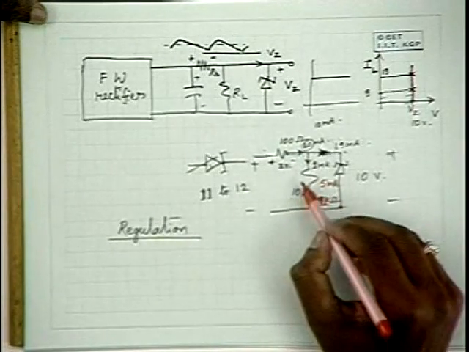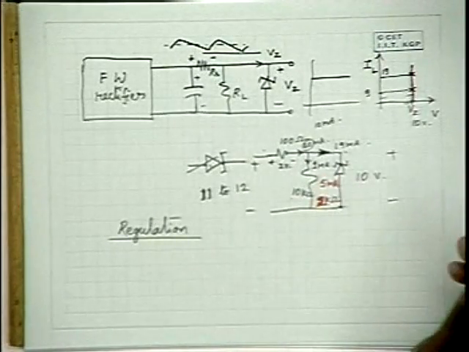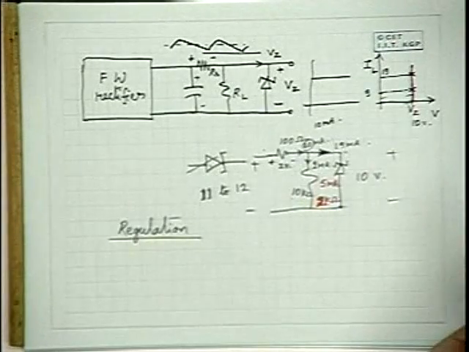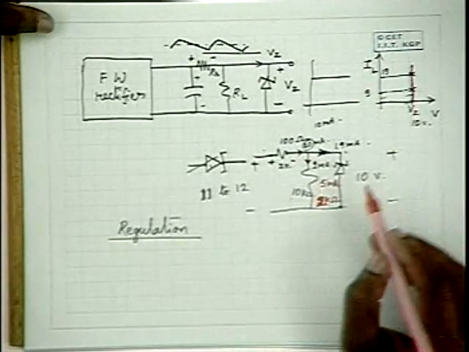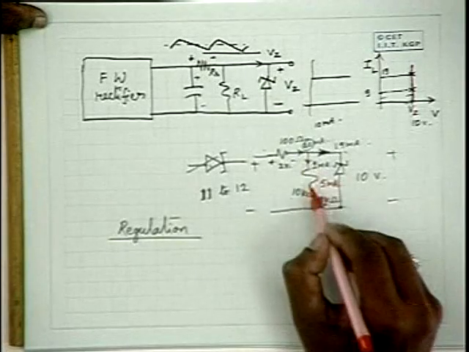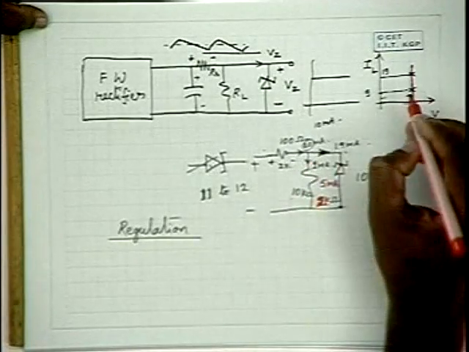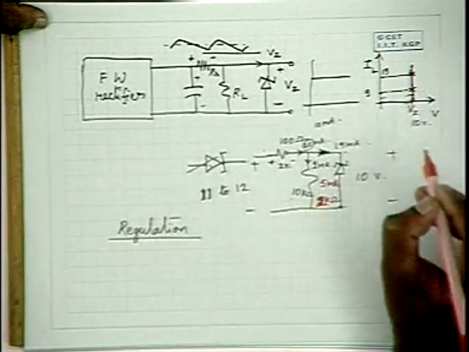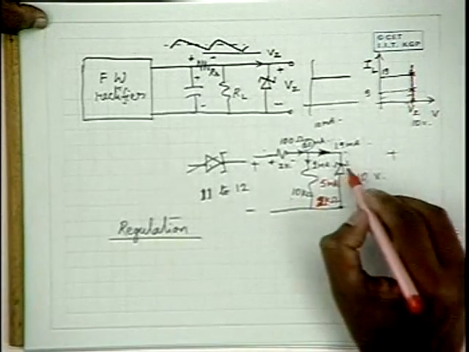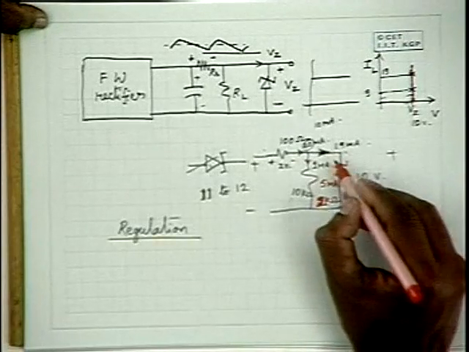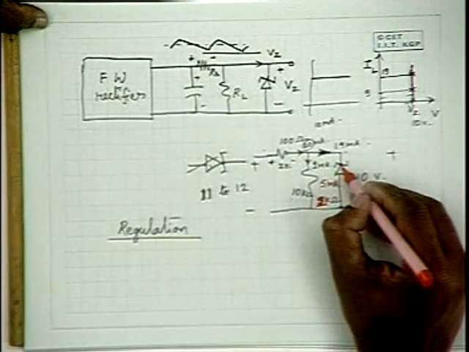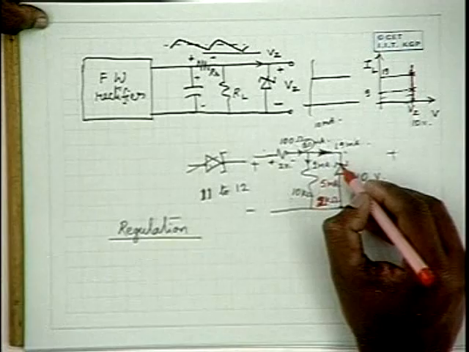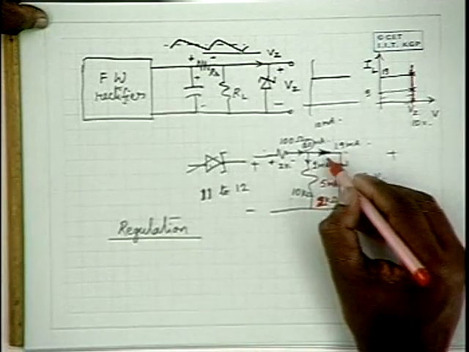Therefore, this percentage regulation is not effective for any load current. It will work at 10 volts as long as the operating point is on these characteristics. That means the voltage still remains 10 volts and some appreciable current flows through this, a current of the order of 1 milliampere at least.